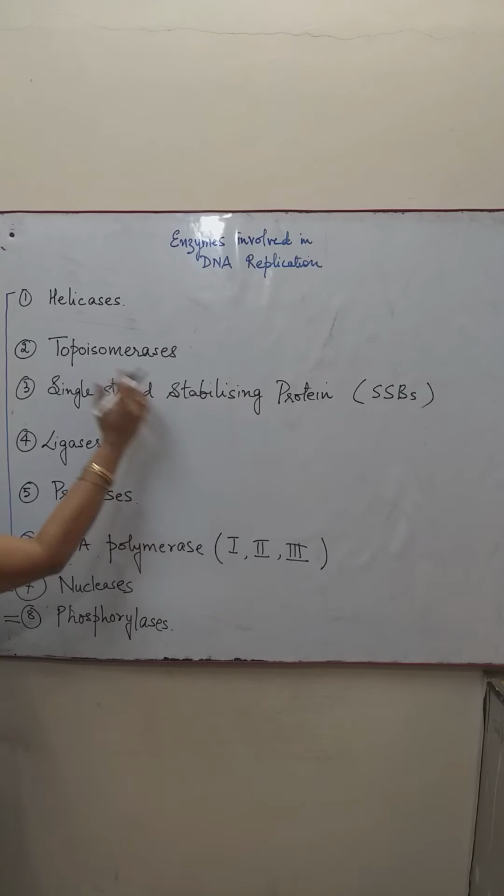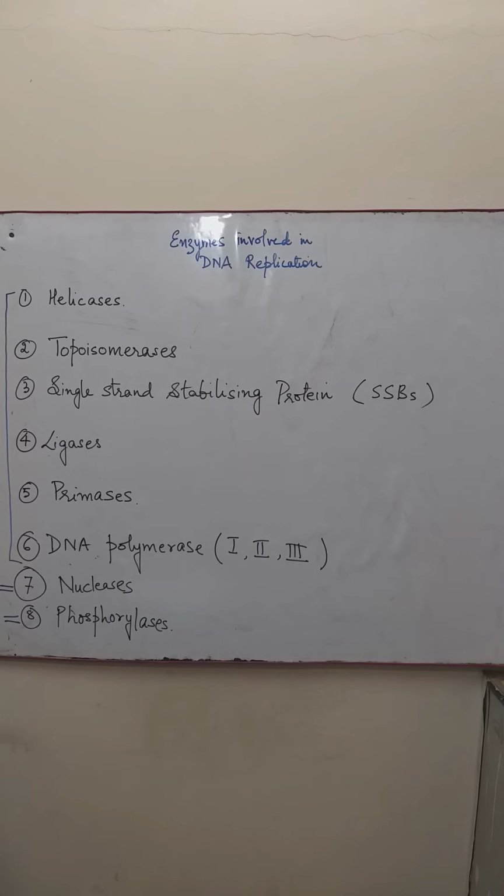So this topoisomerase enzyme prevents the recoiling, and it cuts, rotates and reseals the strands at the same point. Since they are broken into smaller fragments, these will not be coiled. So they help in disentangling of the DNA coils and the supercoils.